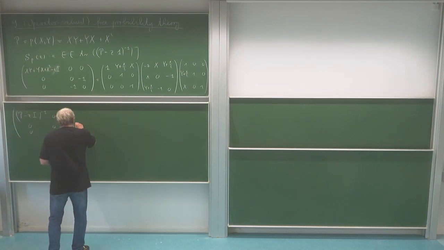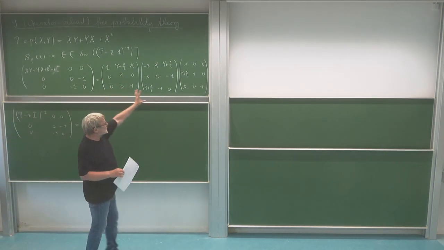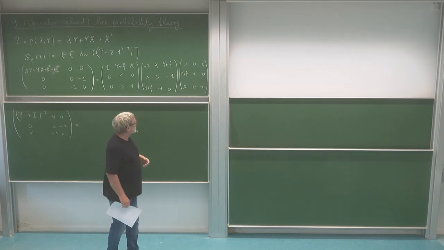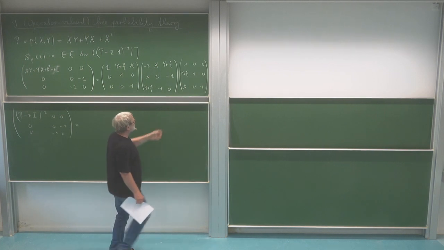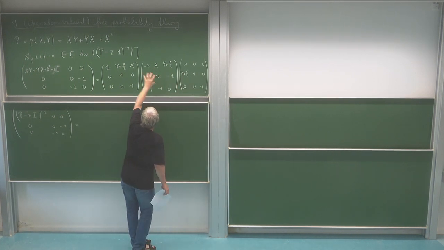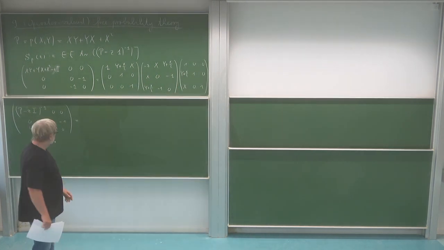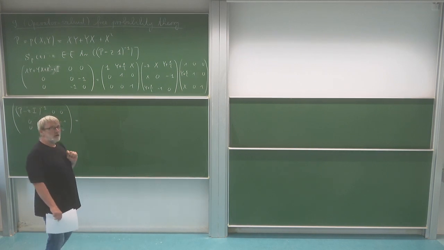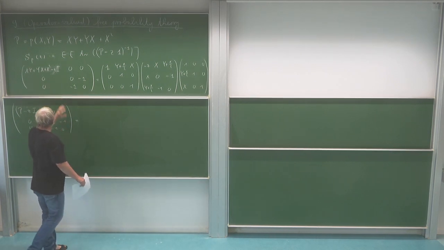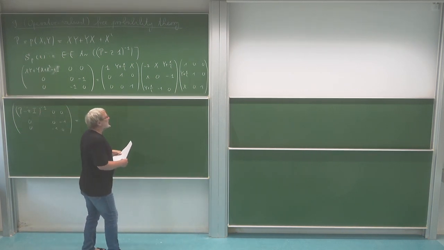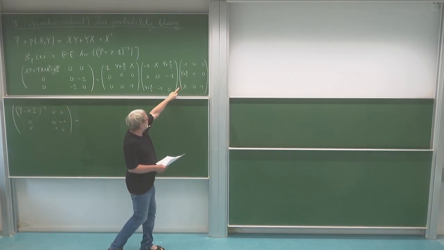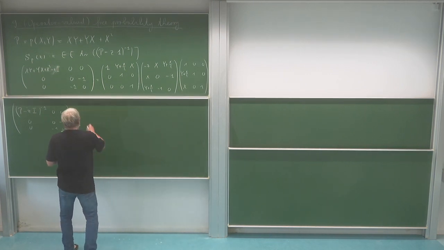Good. What do I get on the other side? I take the inverse of these 3 matrices. The inverse changes the order, so it's the inverse of this times the inverse of this times the inverse of this. If I take the inverse of such a guy, this reproduces essentially itself.